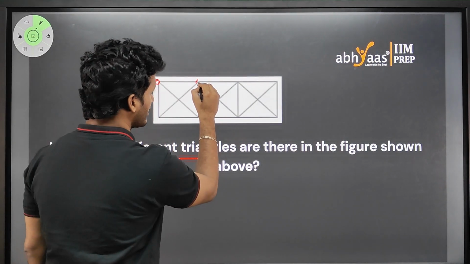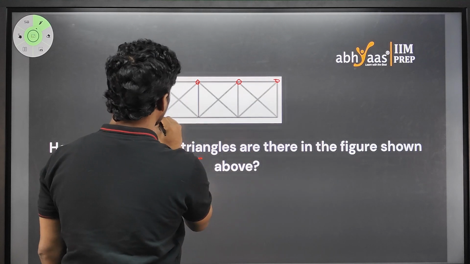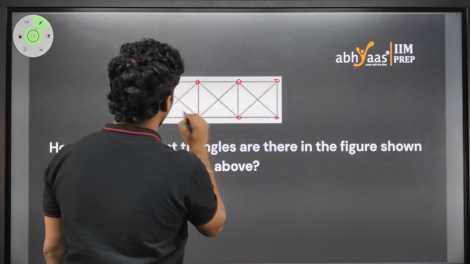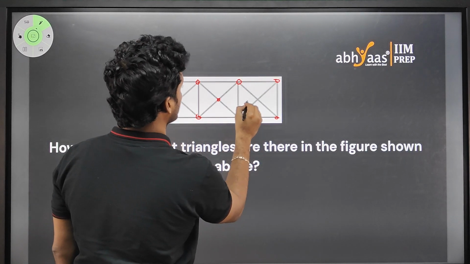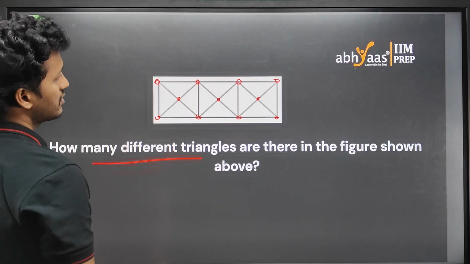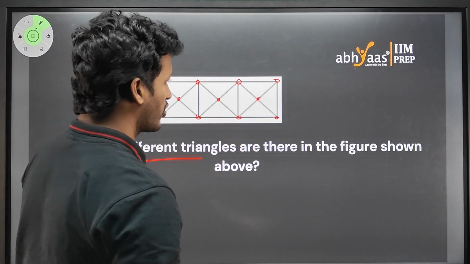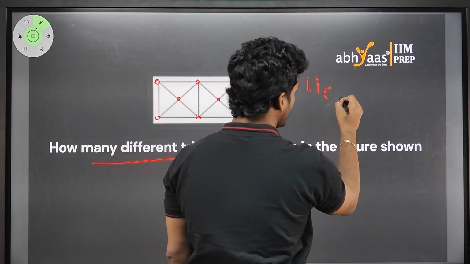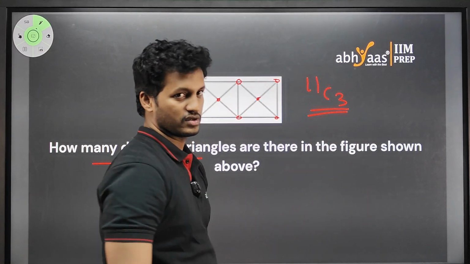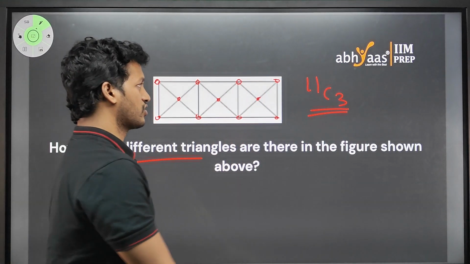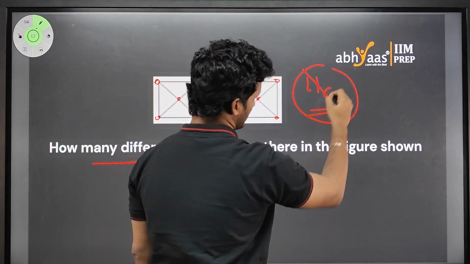How many points are there here? 1, 2, 3, 4. That means 8, and the remaining points 1, 2, 3. That's it, right? I can see only these points. 8 plus 3, 11 points. So 11C3 triangles should be possible, isn't it? But the answer is wrong. This cannot be the answer. Why?